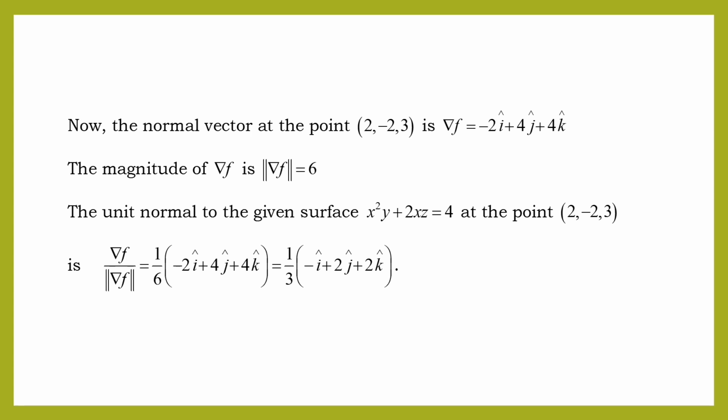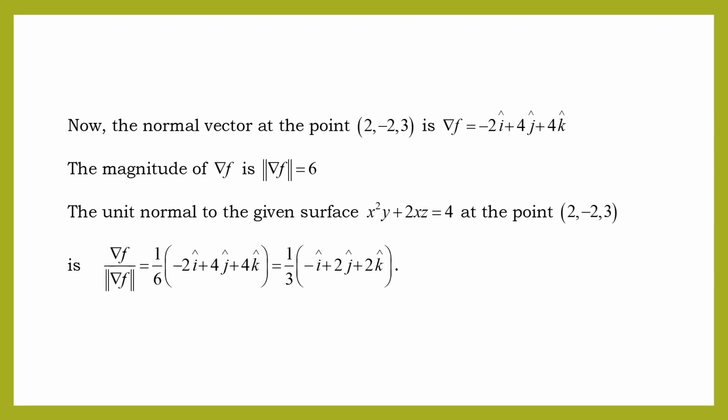So, this value of del f divided by norm del f equals 1 by 6 times minus 2i cap plus 4j cap plus 4k cap. If we take 2 outside, it cancels with the denominator 6 and we get the answer 1 by 3 times minus i cap plus 2j cap plus 2k cap.